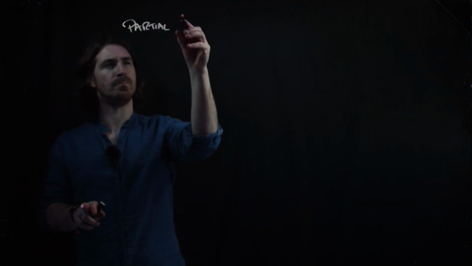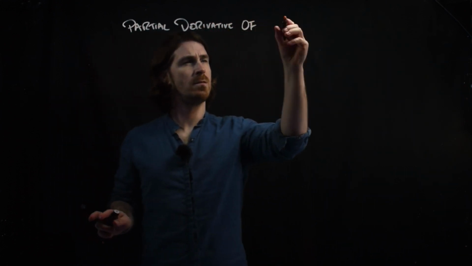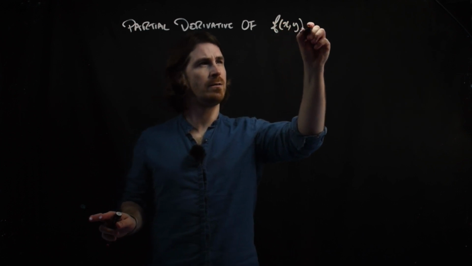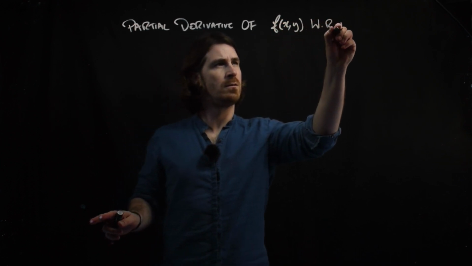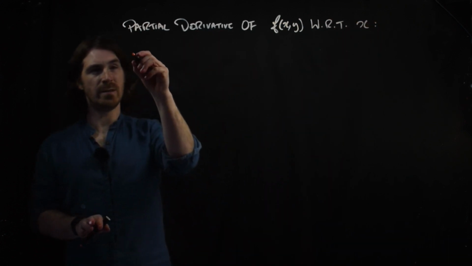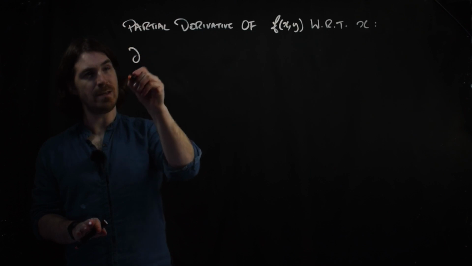So we're going to start with partial differentiation. And we're going to think about the partial derivative of f of x, y with respect to x. Okay, and we define this by a curly d.